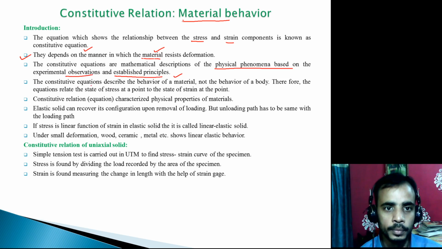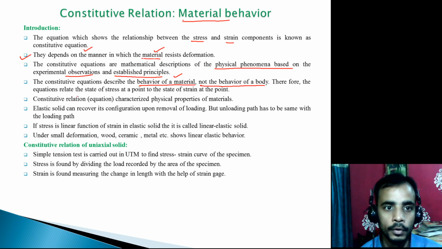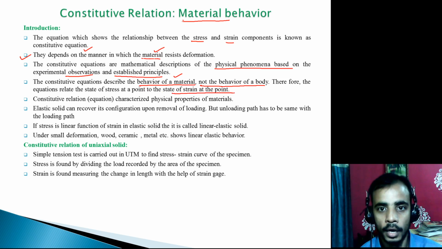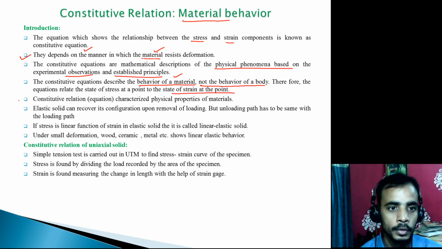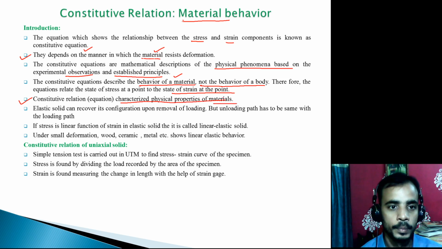This constitutive equation describes the behavior of a material, not the behavior of a body. Therefore, the equations relate the state at a point to the state at the same point. Now, constitutive relation characterizes the physical properties of materials.